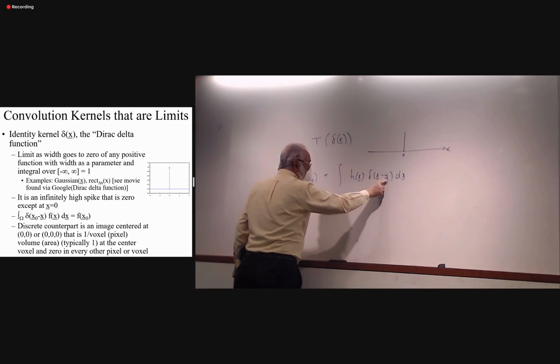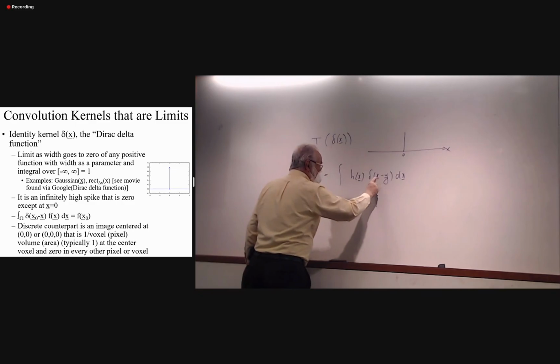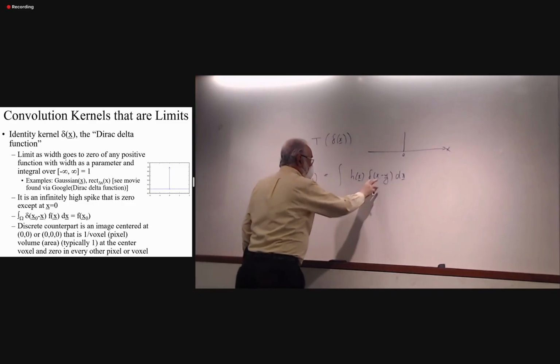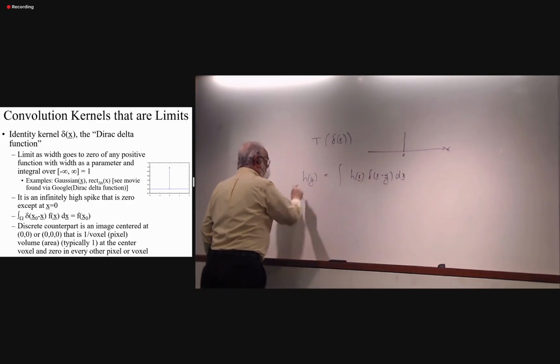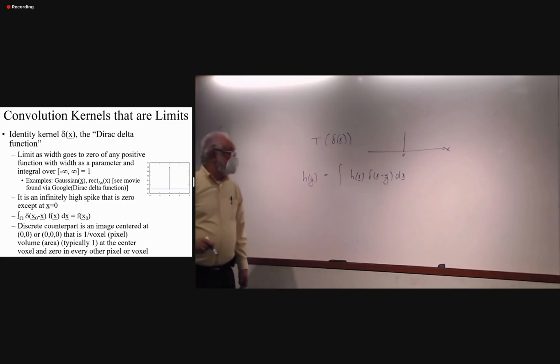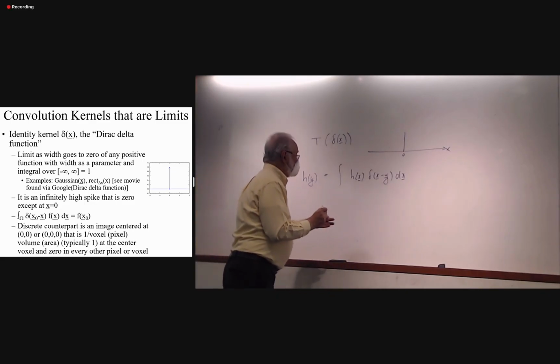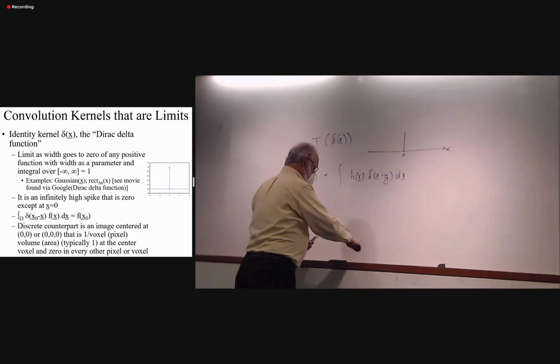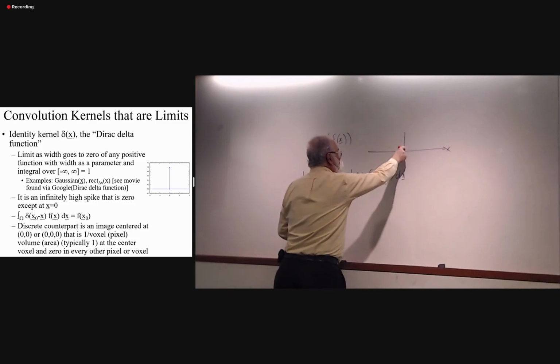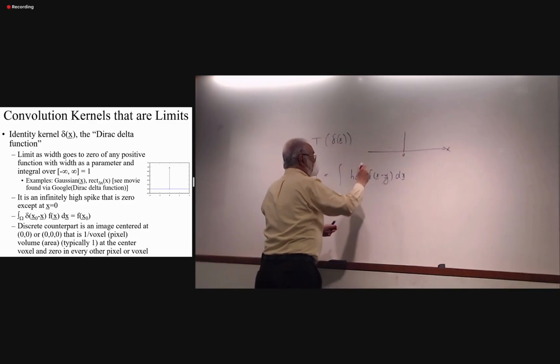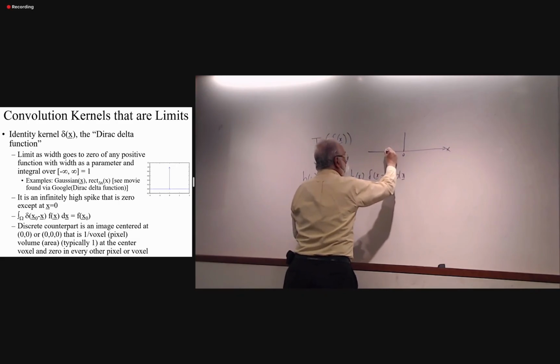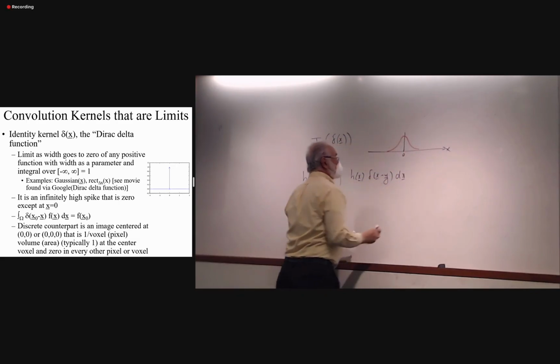The delta function is 0 at every y except for x equals y, where it's delta 0, and then it pulls out the value here. So what that means is that if you have an input of a delta function, you have an output, which is whatever the kernel value is.